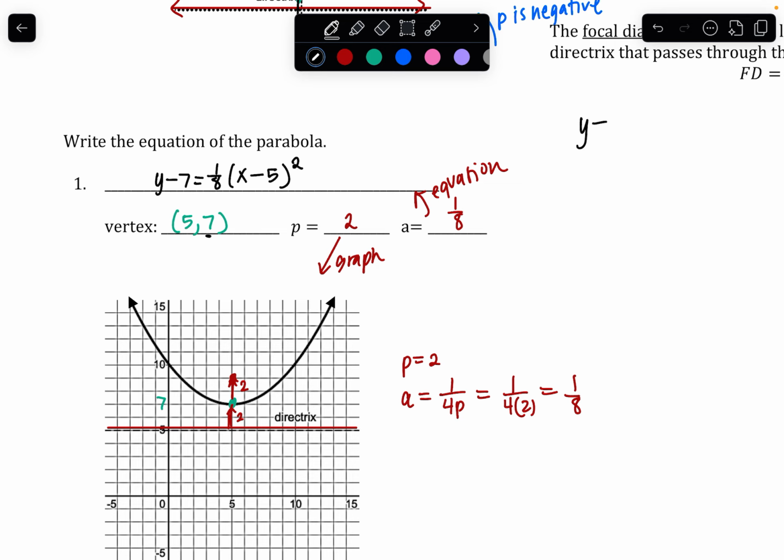The general form, I'm going to write it here, is y minus k equals a times x minus h squared. We just filled in the x-coordinate was 5, the y-coordinate was 7, and then the a value, which we calculated from p, was 1/8.